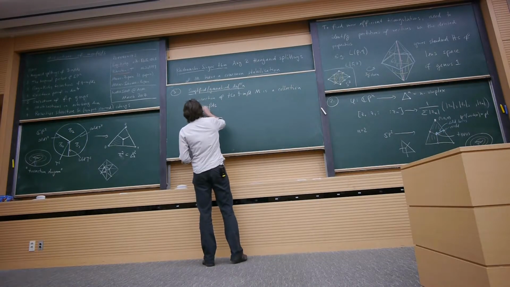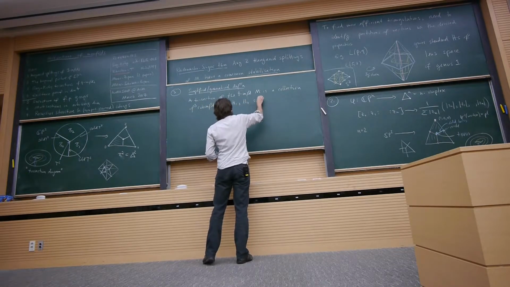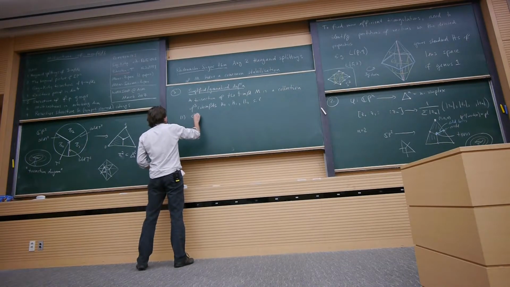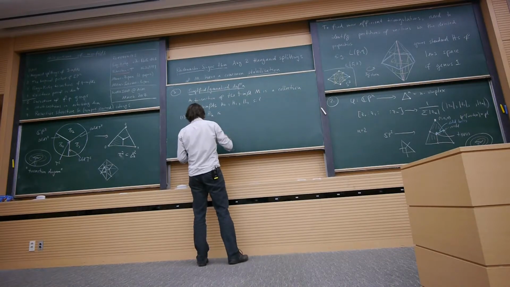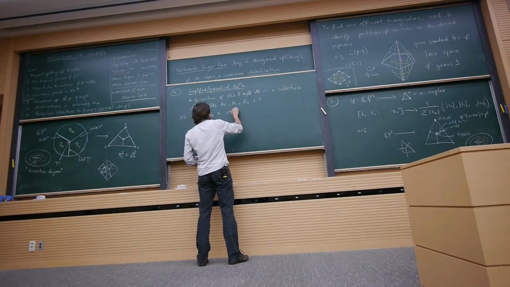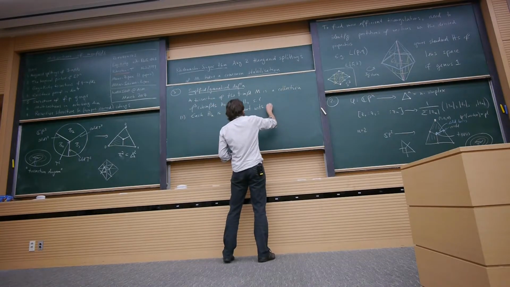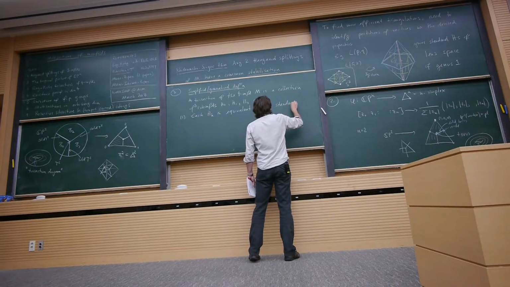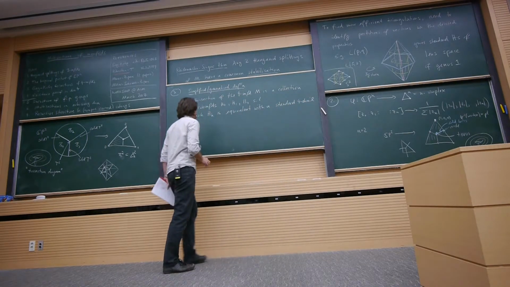So, of 3 submanifolds, H0, H1, H2, such that, so the first thing is that each H_k is equivalent with a standard four-dimensional one-handle body.